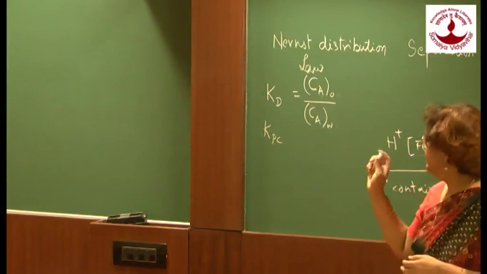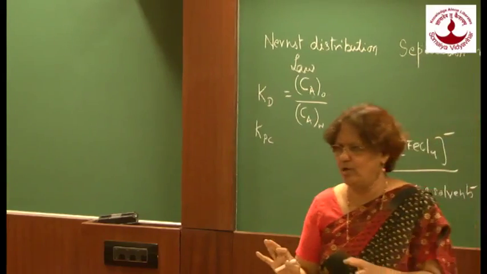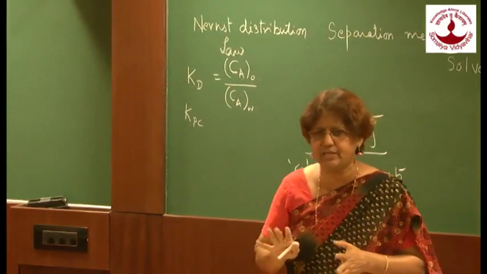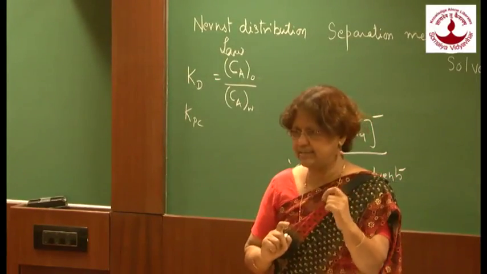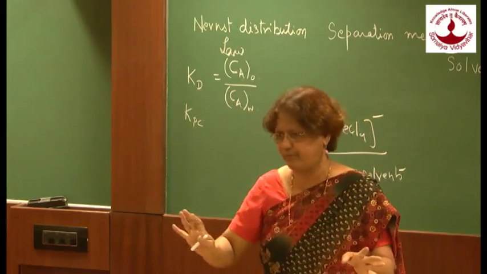Yeah, and we are not worried whether the molecule is undergoing association, dissociation, complex formation, any kind of transformation. We are only interested that particular A under consideration should get transferred to the organic phase in whatever form.